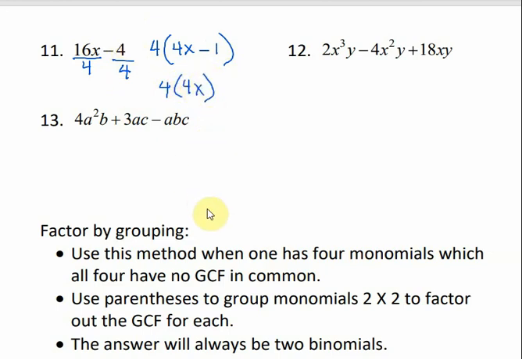But if I multiply it back together, 4 times 4x would just be 16x, and that's not what I started with. I started with 16x minus 4. So that is not correct. But if I check this, I get 16x, and then 4 times negative 1 would be minus 4.